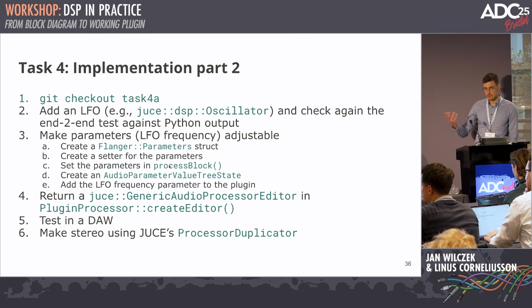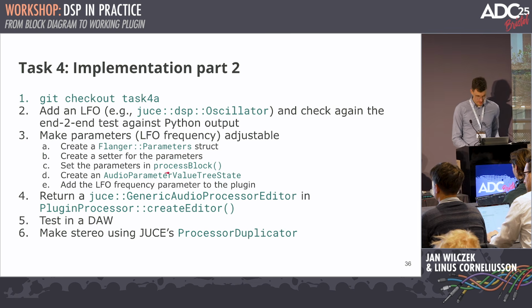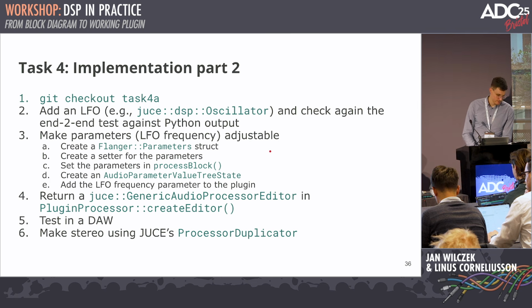And then we need to expose it as a parameter of the plugin. So we create this audio parameter value tree state, and we initialize it in the plugin with our new parameter. So that's what I think we'll focus on now.